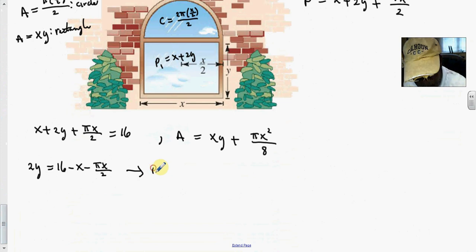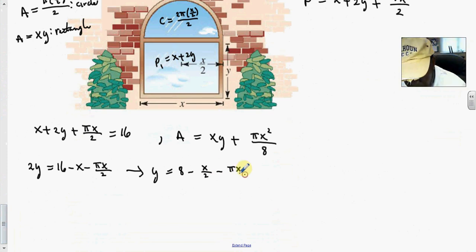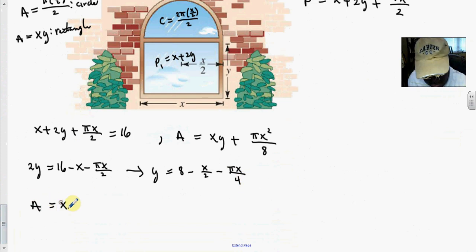So y is equal to, let's divide through by 2. So we get 8 minus x over 2 minus pi x over 4. So now the area is x times that y.